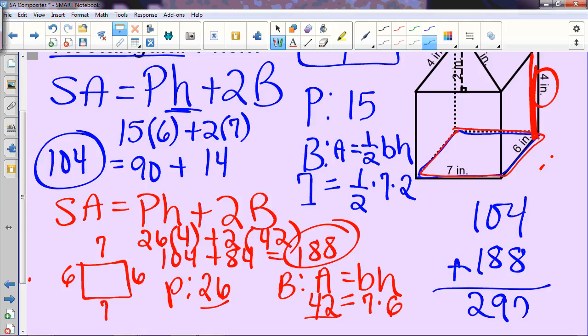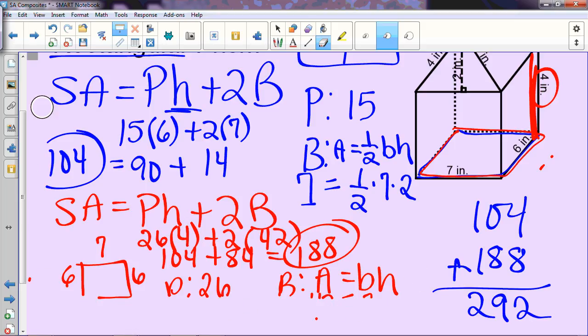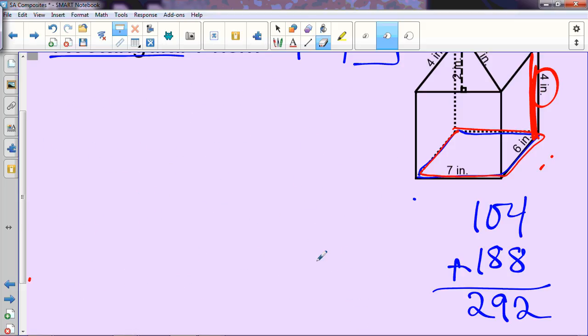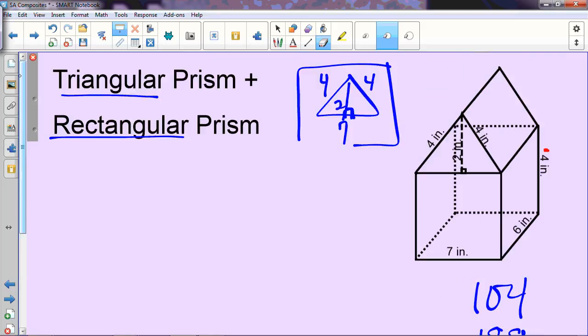It's going to give me 292. Keep that in mind, because I need to erase all of this so we can actually see what we're working with. Erase what we got going on over here. Scroll up. Alright, almost done, sorry.